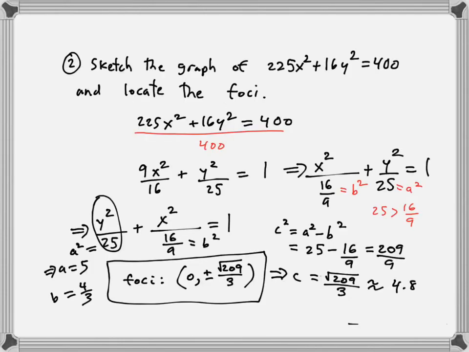So let's go back here. Remember, it said that we go 5 up, 5 down, 1, 2, 3, 4, 5. So this is my 5 up, and this is my 5 down. So those would be the vertices, and then we only go 1 1/3 to the right, 1 1/3 to the left. And so we have the following for our foci.